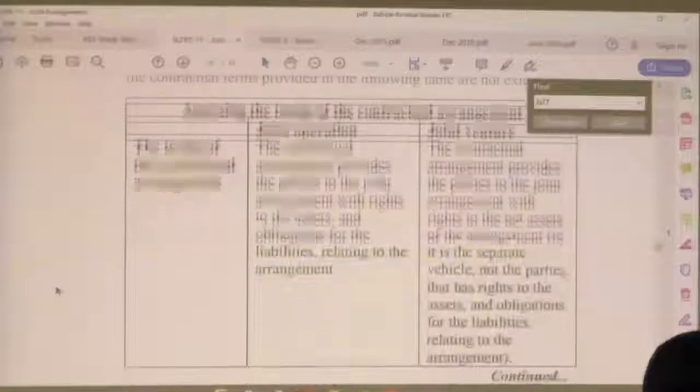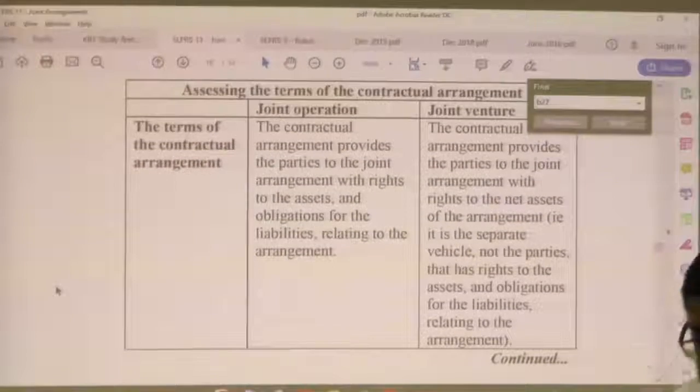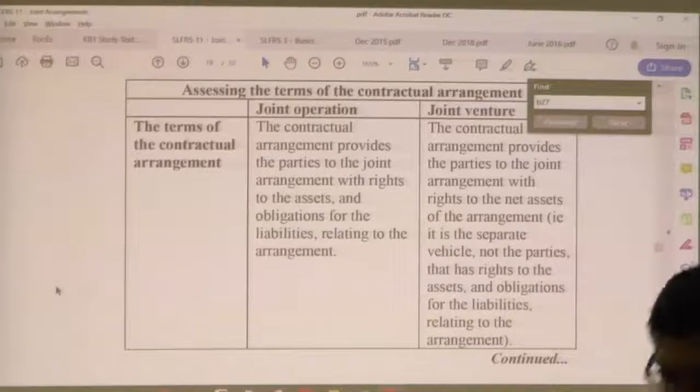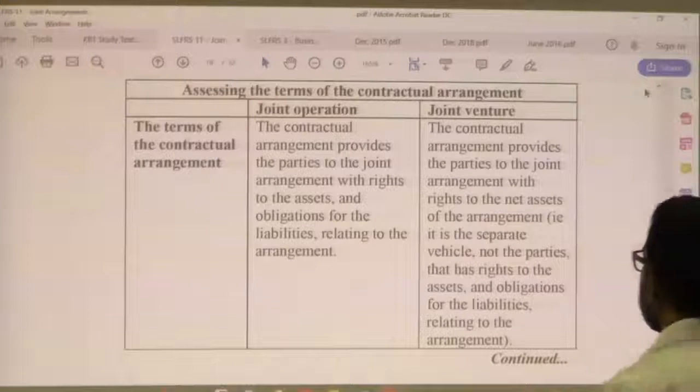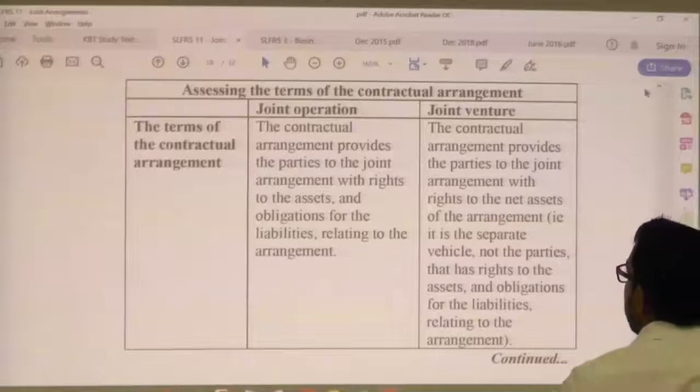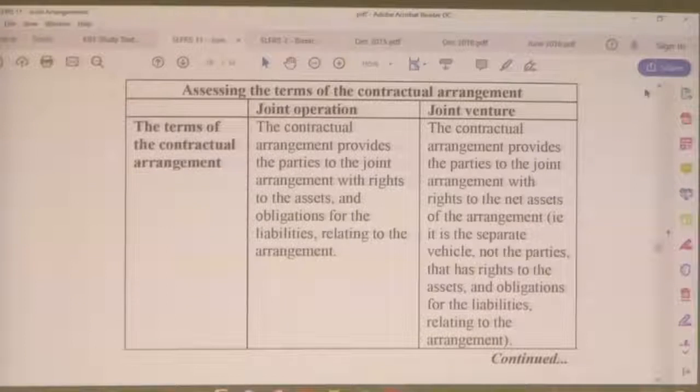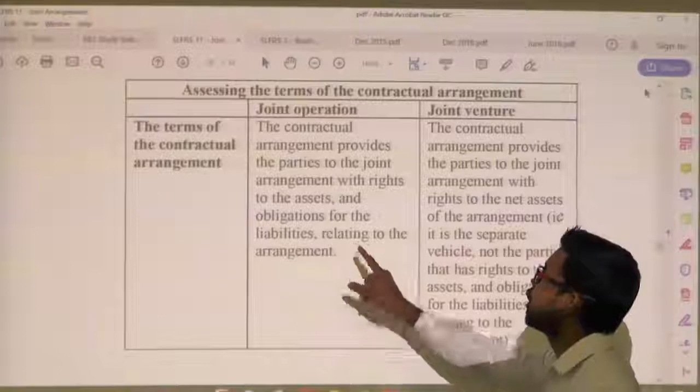Take the first one, the terms of the contractual arrangement. If it is a joint operation, the contractual arrangement provides the parties to the joint arrangement with rights to the assets and obligation for the liabilities relating to the arrangement, right? That is the joint operation.